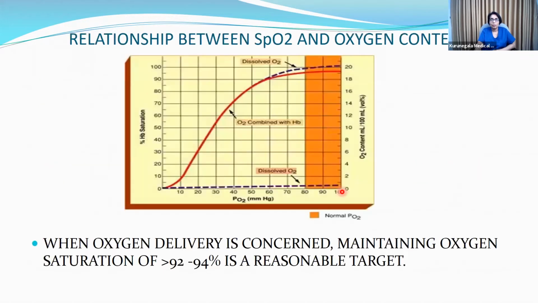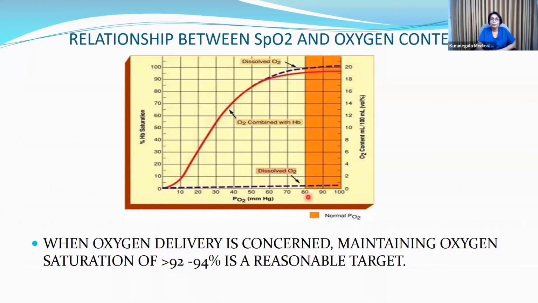This graph shows you the relationship between oxygen saturation and the oxygen content. So this is my partial pressure of oxygen on the x-axis, and the y-axis shows oxygen content in 100 ml of blood in a person whose hemoglobin concentration is 15 grams per deciliter.